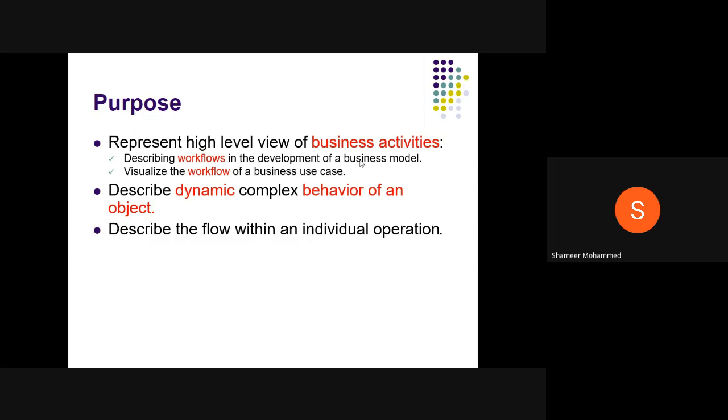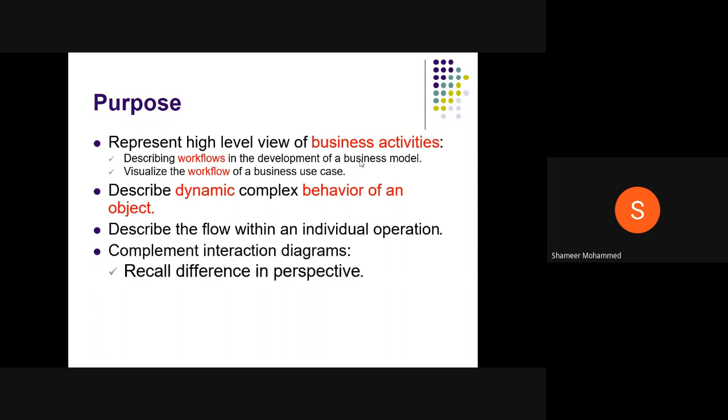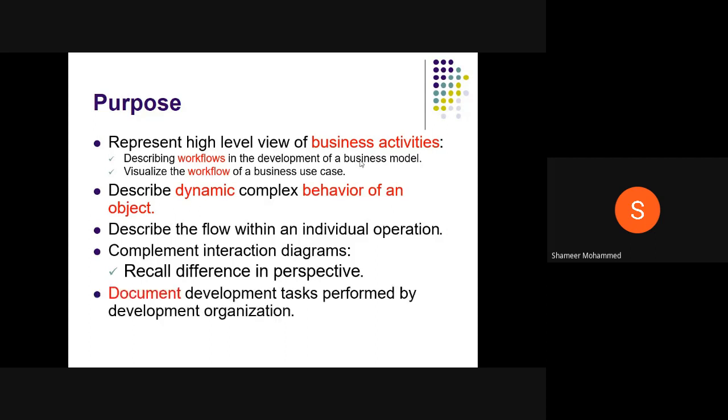So you can describe the flow of operations here: sending the money, receiving the money, printing the SMS or printing the bill, etc. So an interactive diagram we can draw with the help of this one. And you can write the details in a document.